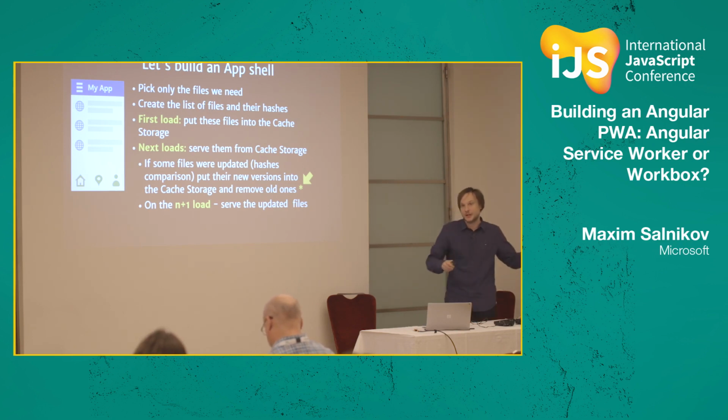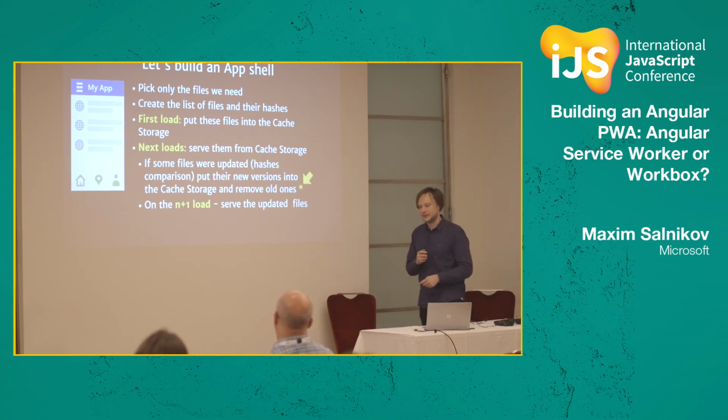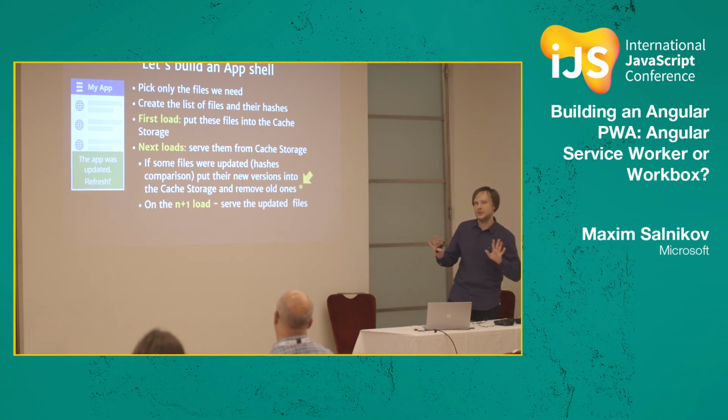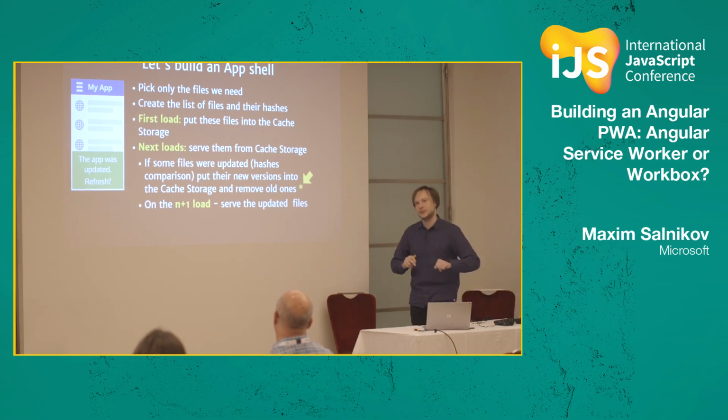So at this moment, when we just served something from cache, we don't care about what the version is, we have to serve this immediately. But when we got the knowledge that something was updated, maybe we have to show this message. Maybe. It's purely UX. It's not an official part of the PWA checklist.